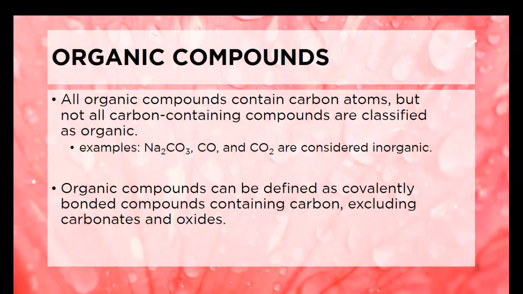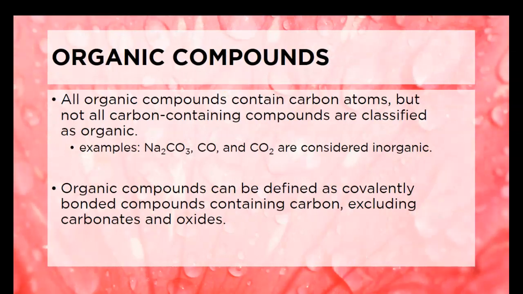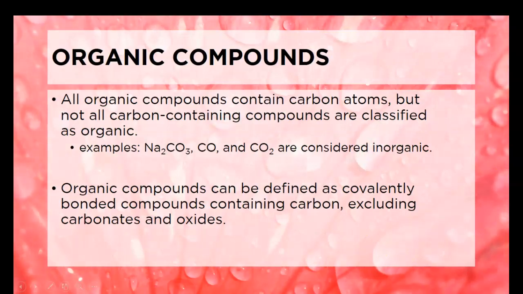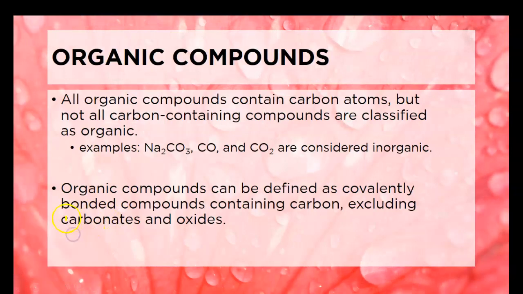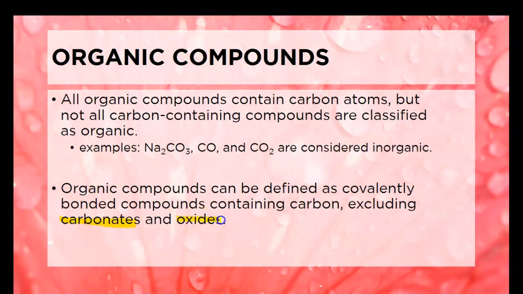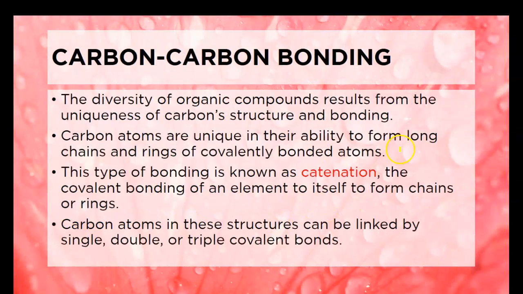Organic compounds can be defined as covalently bonded compounds containing carbon, excluding, like I just mentioned above, carbonates and oxides, the two big exclusions there. So I'll highlight those for you to keep in mind. But everything else with carbon we would really consider to be organic.